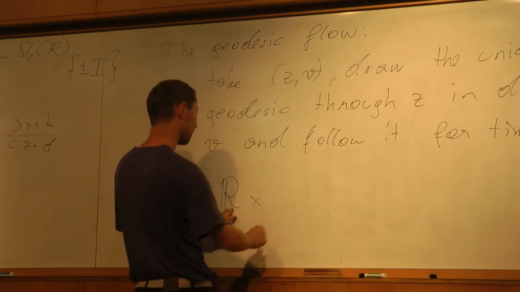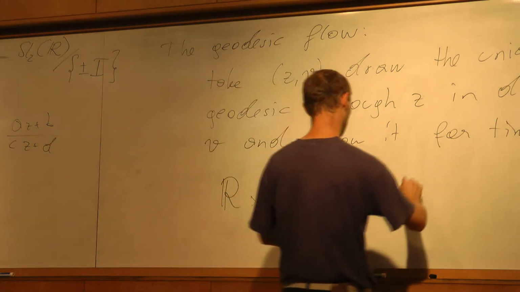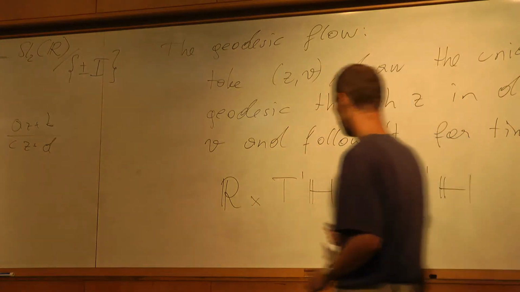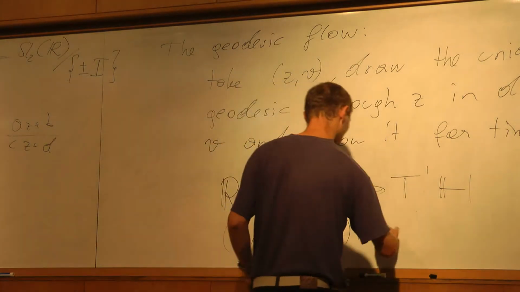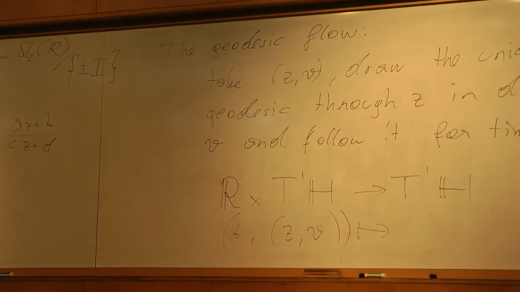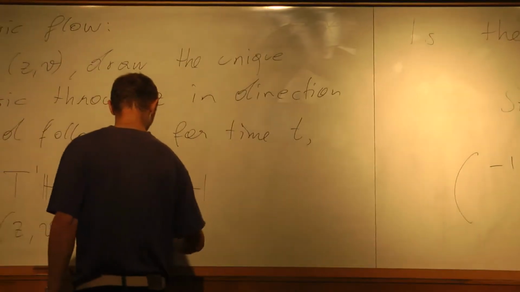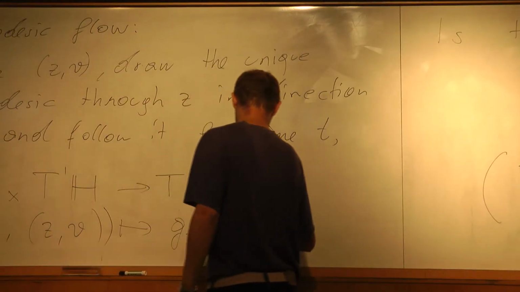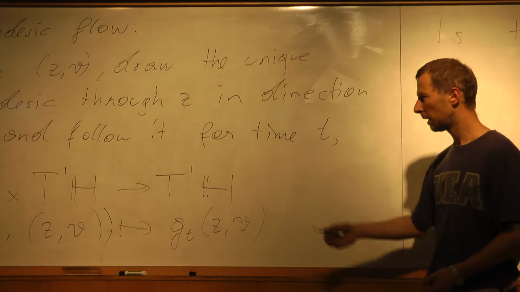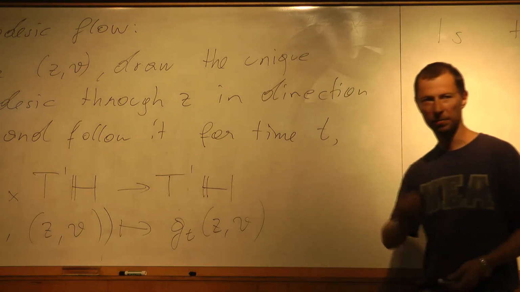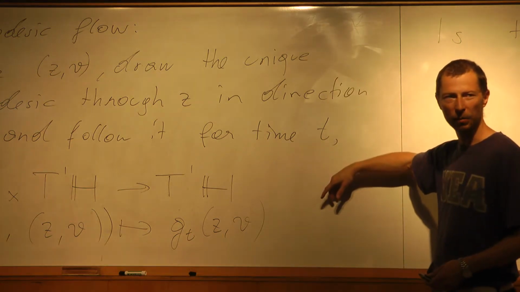So we have continuous time, and then we have our unit tangent bundle, point and vector, and we map time, point and vector to point and vector along the geodesic t seconds later. We could cook up some notation for that: new point, new vector. We will have a formula, don't worry, but from this description it's not yet so clear what the formula would be.